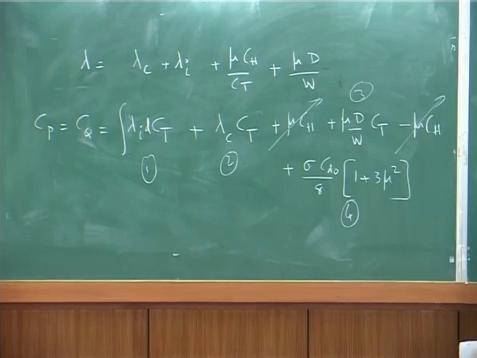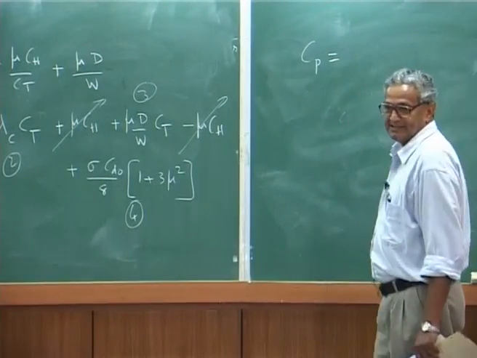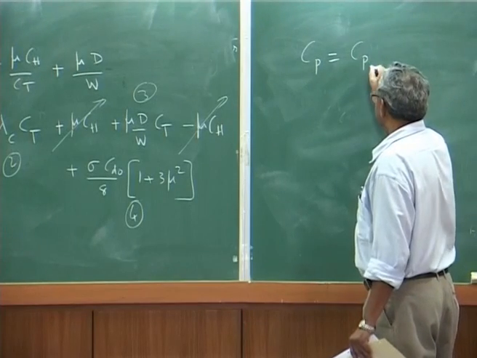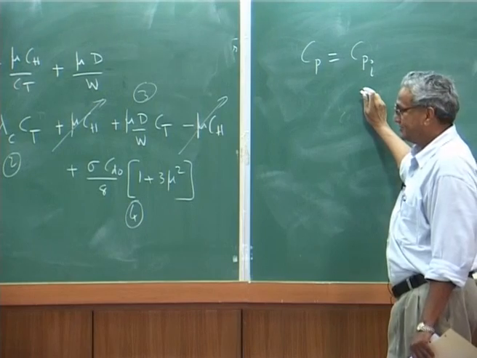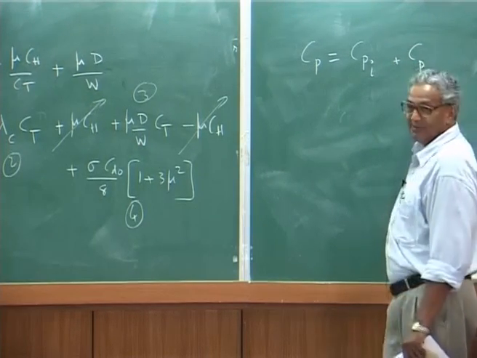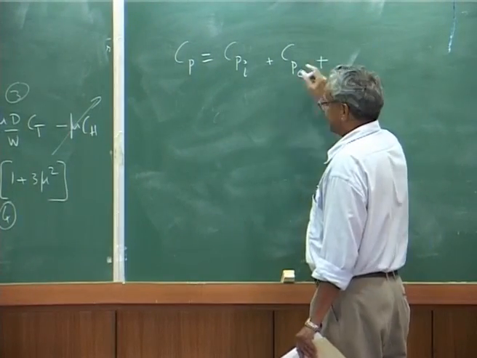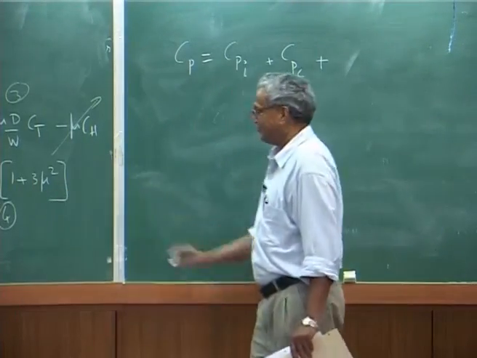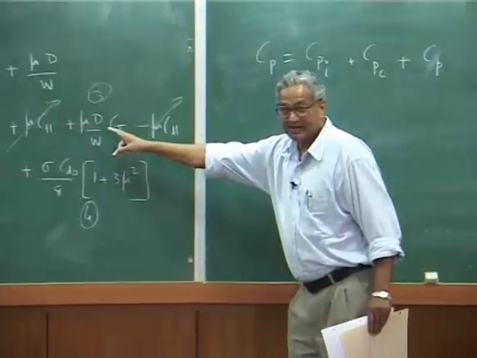So, I call it power, now I write everything in power expression. Power is Cp induced, power due to induced, then Cp climb, power for climb, and then plus this 4th term, which is Cp due to the drag of the helicopter.